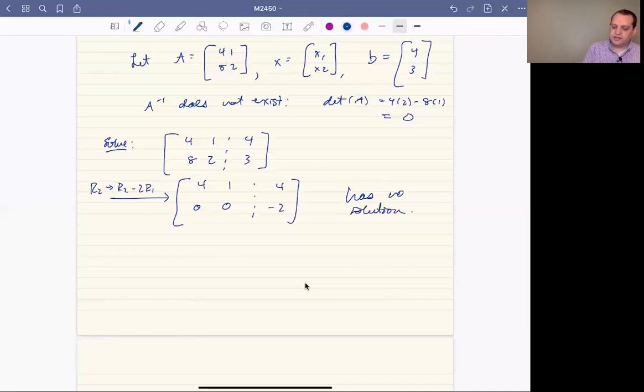The reason is that this bottom row says that 0x1 plus 0x2 equals negative 2. Doesn't matter what else is going on, there's no solution to that equation. There's no values of x1 and x2 that'll make that true. So that means that the system has no solution and we can stop.